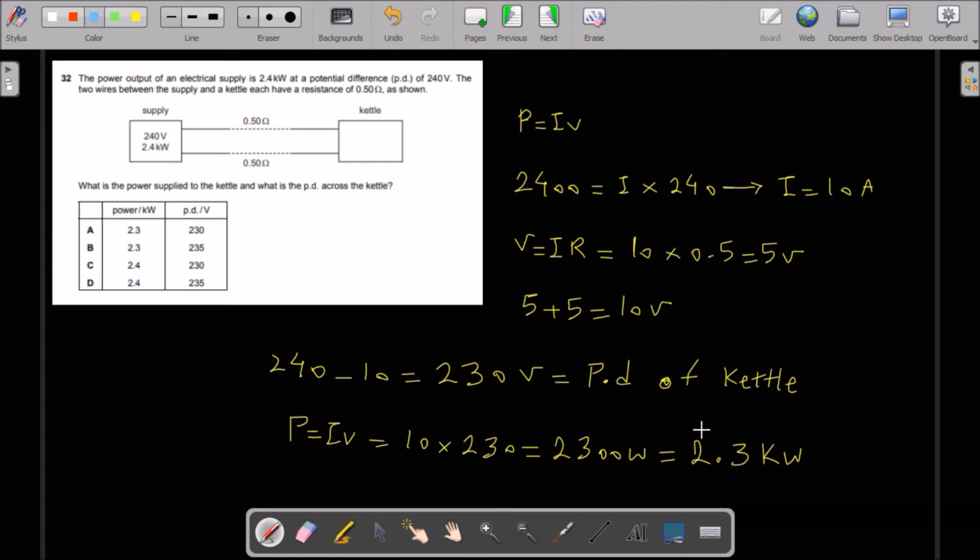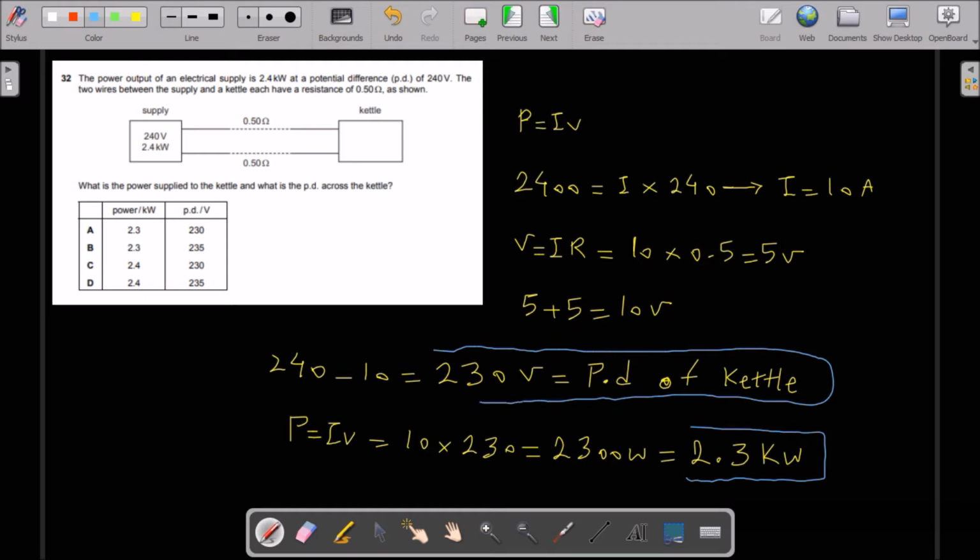Based on this, A is right. This is the potential difference of the kettle, which is 230, and the power of the kettle, which is 2.3 kilowatt. So this is question 32, where answer A is right.